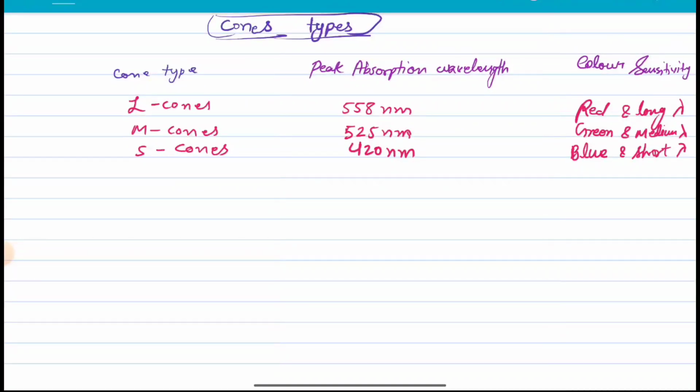Or if some person has a defect in S cone cells, they will struggle or be unable to visualize blue color. If a person has an M cone defect, that person will be unable to visualize green color, the medium wavelength light.